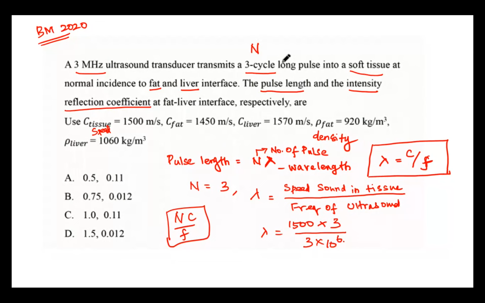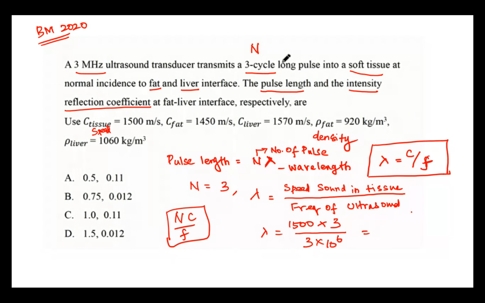So megahertz is 10 power 6. Only if you know the units properly can you attend GATE. Please go through the units, like megahertz, kilohertz, kilogram, millimeter, centimeter, even picometer. There are a lot of units, so be familiar with all of them.